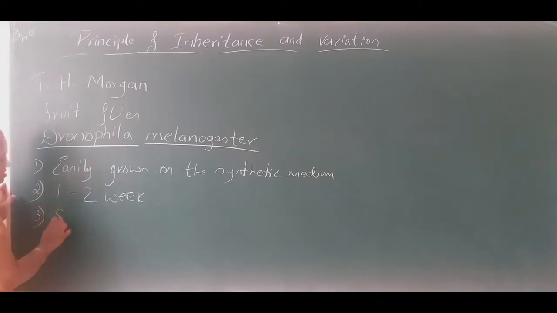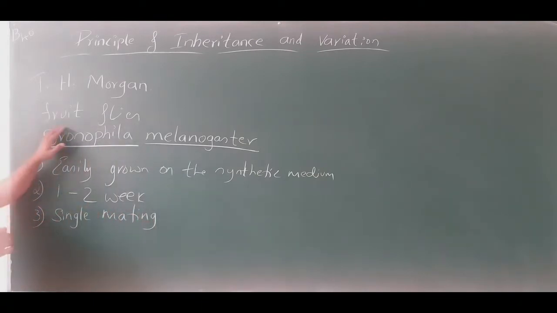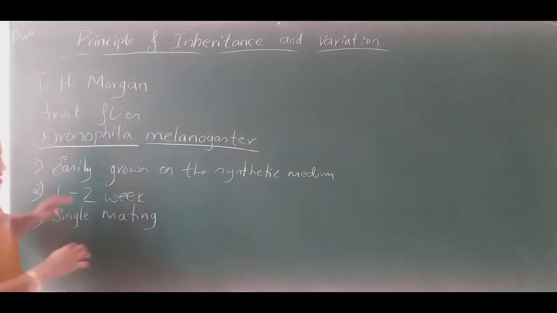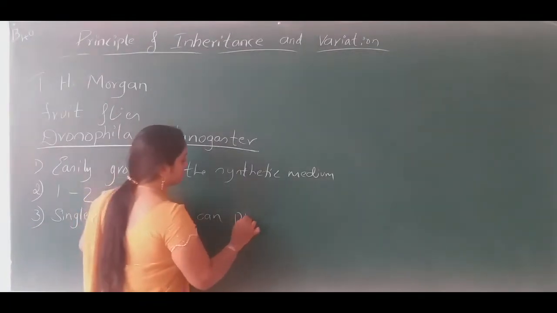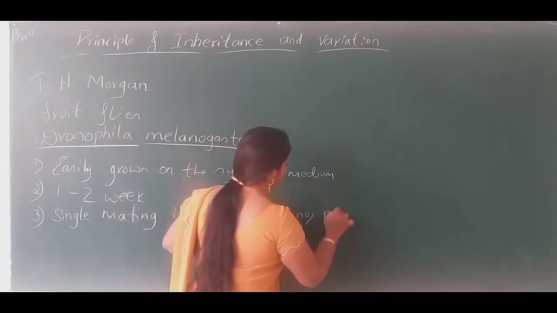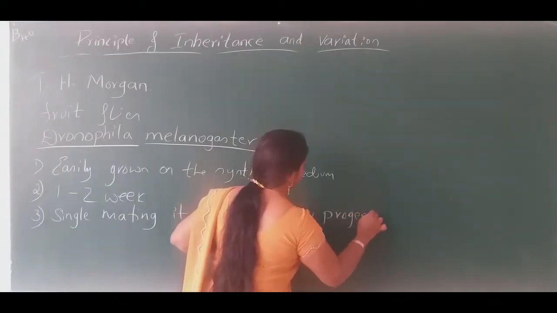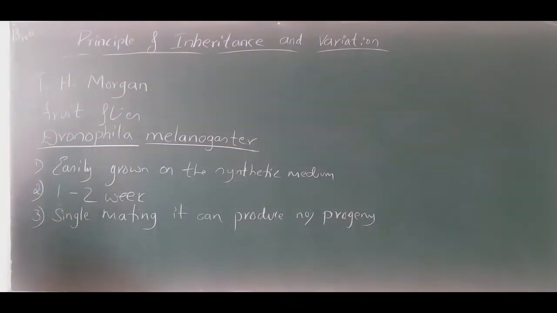And in a single mating of male and female fruit flies, it can produce a number of progeny. So that is also one reason why he selected the fruit fly.